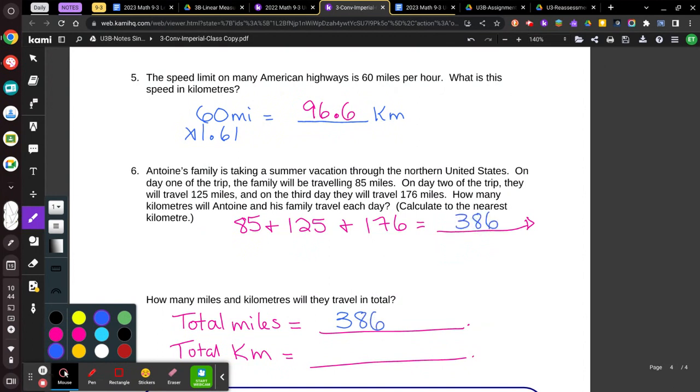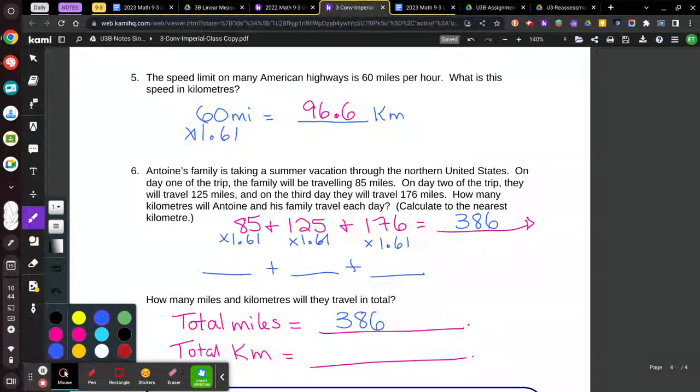All right, miles to kilometers, we'd multiply by 1.61. Here we have to multiply each number by 1.61, and get each of their answers and add them up.